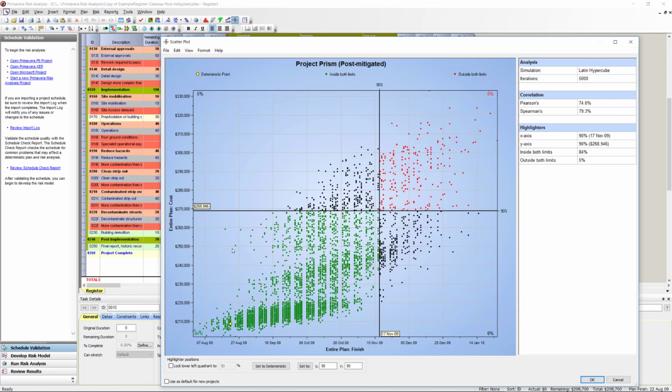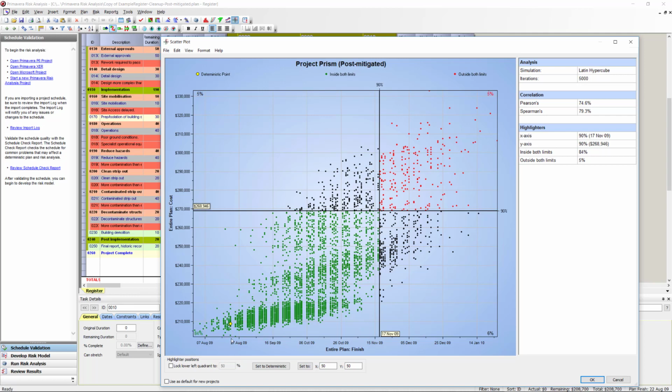Okay. Now let us look at the duration of the project. So according to this, it should be done by November 15. But the deterministic date was something around August 9. So I'm just going to assume August 17.